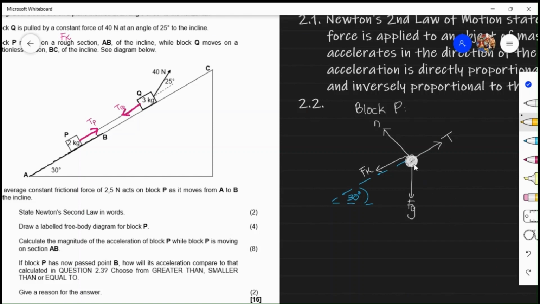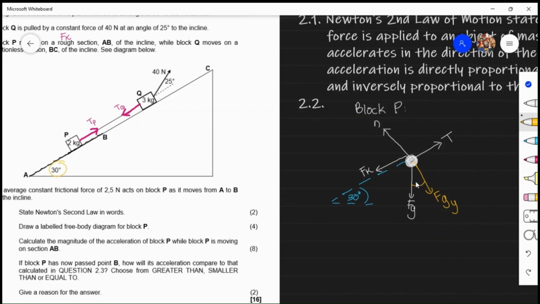So we know we have our perpendicular component that acts in the same direction as normal force, keeping in mind that the angle between FG and our perpendicular component is the same angle of our incline.